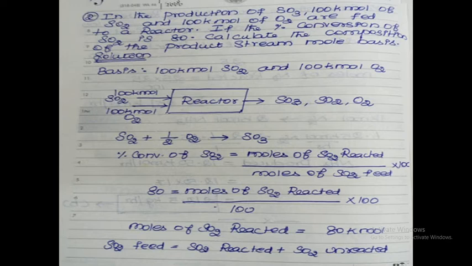The 100 kilomole of SO2 and 100 kilomole of O2 are fed to a reactor, and finally it produces the product SO3, that is sulfur trioxide. After that, percentage conversion is 80. So what about the remaining percentage? 20%. So the 20% is unreacted. Are you clear or not?